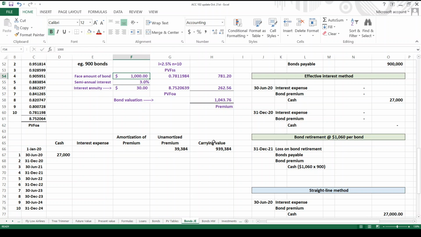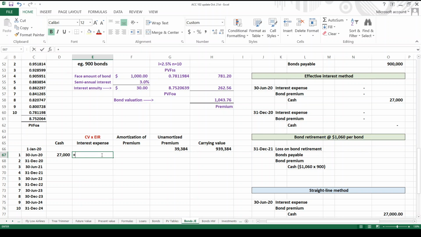So you would not be using an odd number. You'd always be using a multiple of $1,000 here. Okay, so there we go. There's our 27K. What's the interest expense? That's the same as it was last time. Carrying value times the effective interest rate, which is the key to the whole chart. Yeah? Get this number right and we're in good shape.